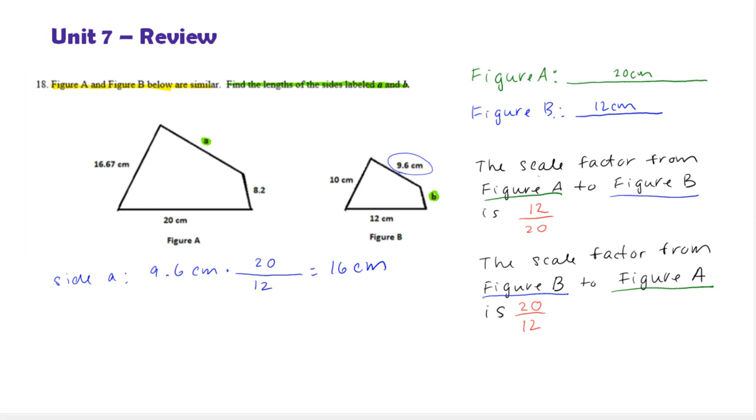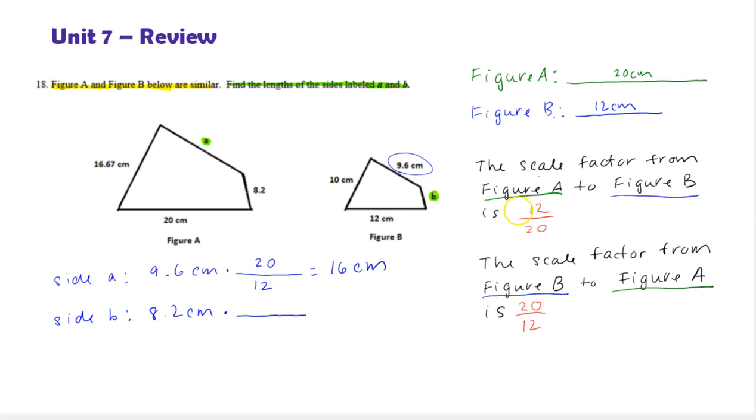You're just going to put it in the calculator anyway, so no need to simplify your ratios. Now let's find side B. For side B, the corresponding side in figure A is 8.2 centimeters. Now I am going to multiply by the appropriate scale factor. To go from A to B, I'm going smaller.